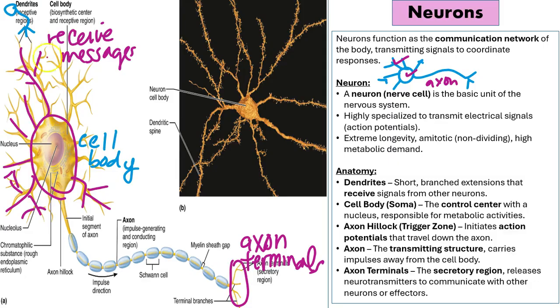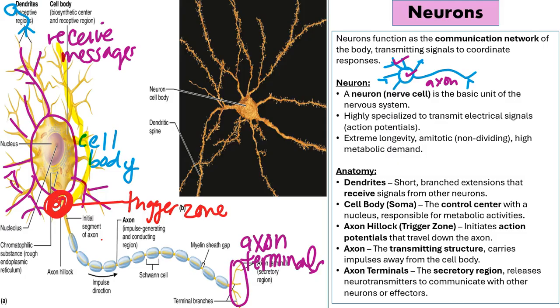So what's going to happen is the dendrites are going to receive the message. They're going to move that message down to the cell body. The cell body is then going to move that message to a very important region, which is called our trigger zone. Another thing you can call this is the axon hillock. And this is going to initiate that action potential.